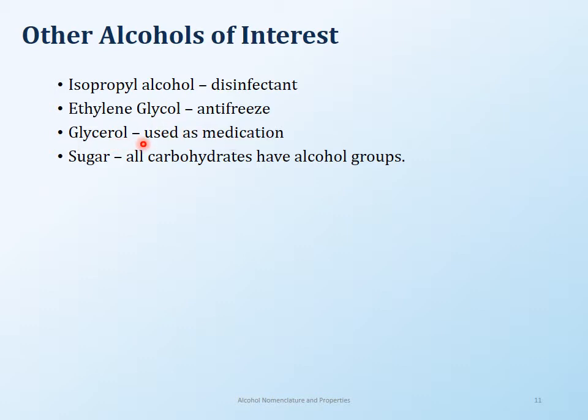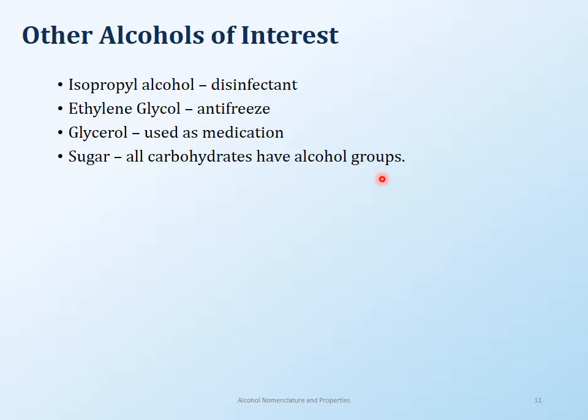Okay, now we're getting into more alcohol groups, and so it gets sweeter and sweeter until you get to sugar, which is all carbohydrates. Okay, and they all have alcohol groups. Not all carbohydrates are sweet, by the way. Fructose and glucose, the combination of those two, which is a disaccharide then, is called sucrose, and that is what we eat as common sugar, very nice and sweet.